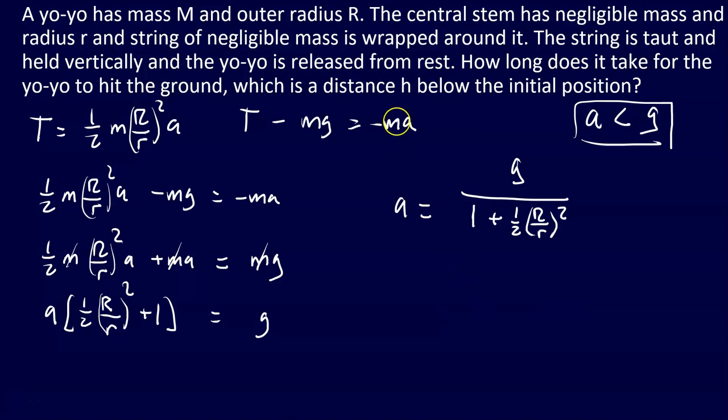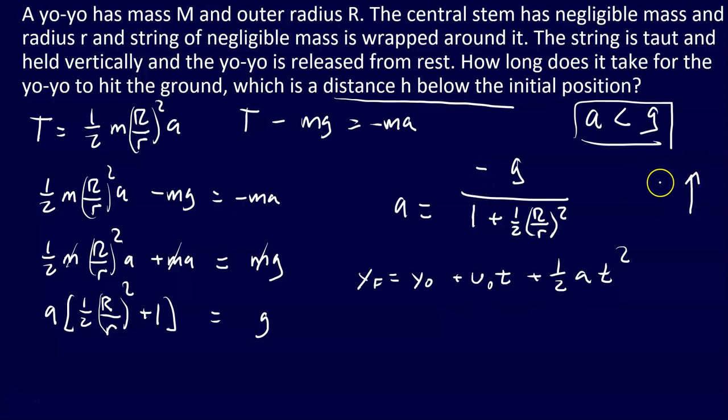So that's our acceleration, and now it's basically a kinematics problem. How long does it take the yo-yo to hit the ground? And so we pull out this equation from the first couple of weeks of class, this guy here. So we'll go like this, and of course let's call this a negative, because I know that if I call this positive y, that's going to be going upwards. And so what I'll do is call my initial position 0, my final position negative h, right?